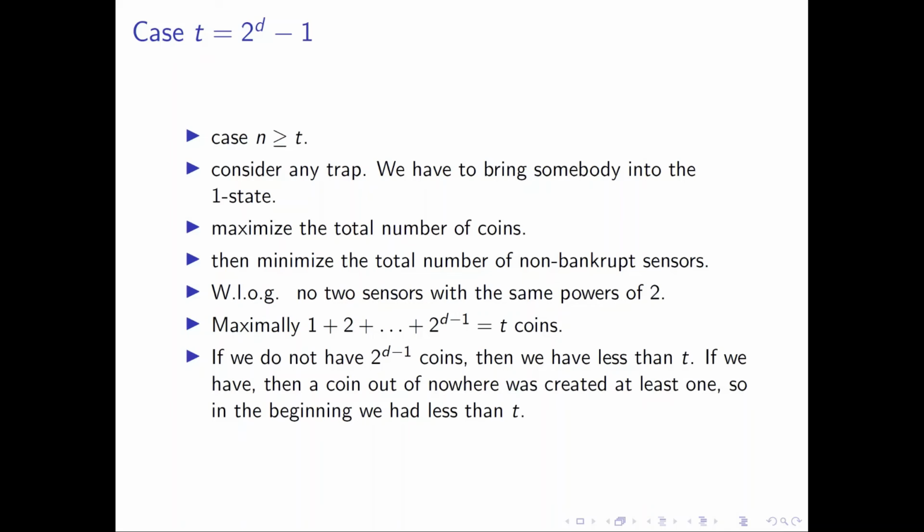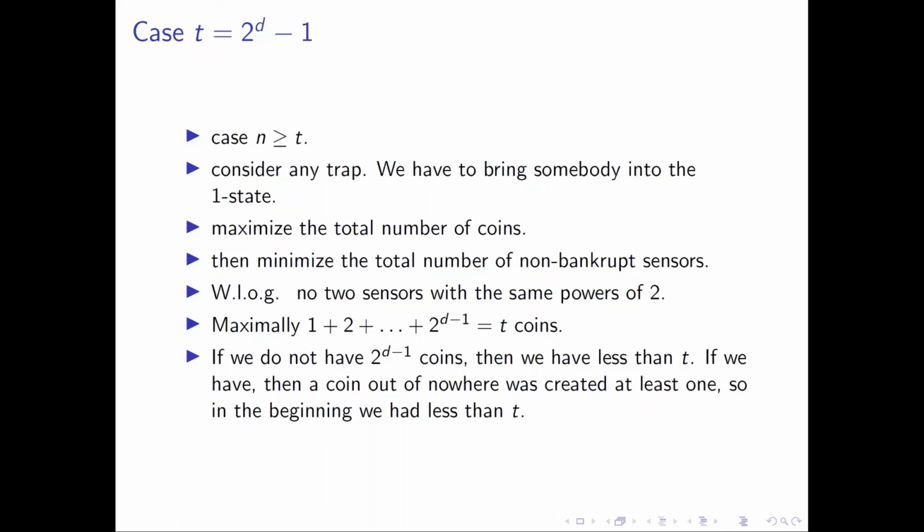And we can assume without loss of generality that there are no two non-zero sensors which have the same powers of 2. Why is that? If they have two equal small powers of 2, then we can decrease the number of non-bankrupt sensors as before by pairing them.